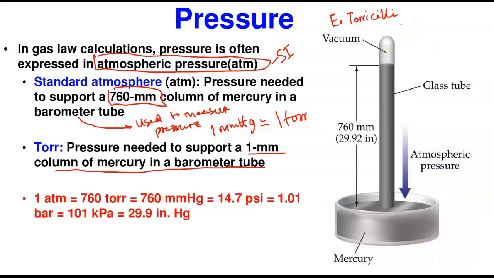What we're going to notice here is that the mercury will begin to empty and fall down, and at a point, it is going to remain level and stop at this point, which is supported by 760 millimeters of mercury or 29.92 inches.